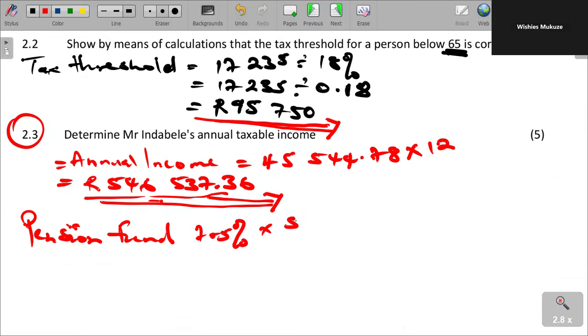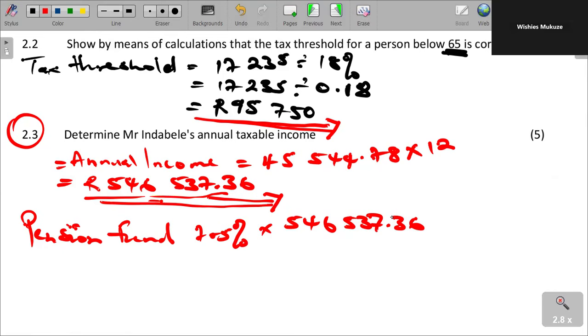Multiplied by 546,537.36. We are saying 7.5% multiplied by that. Put it through your calculator and work it out.